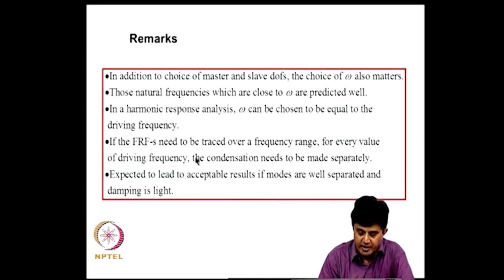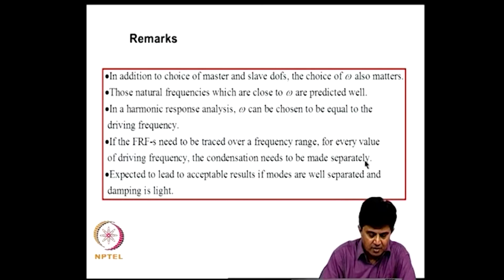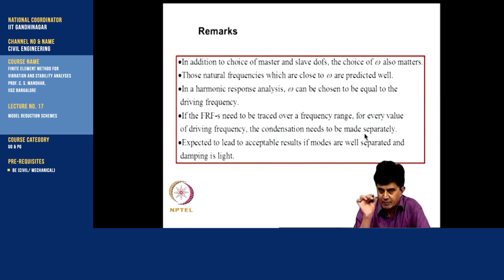If the FRFs need to be traced over a frequency range, for every value of the driving frequency, the condensation needs to be made separately. If omega is taken to match the driving frequency, that is the best option you would have, because at least at the frequency where you are driving, the nearby natural frequencies are captured correctly in the reduced model.